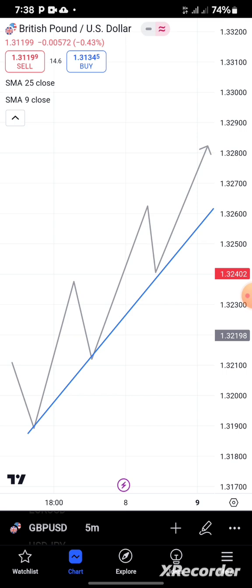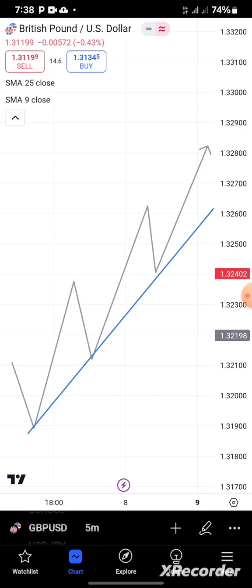Now if the market drops or makes a rally up, the market may come back to balance that, to retest that point, and then moves in the direction of the trend.